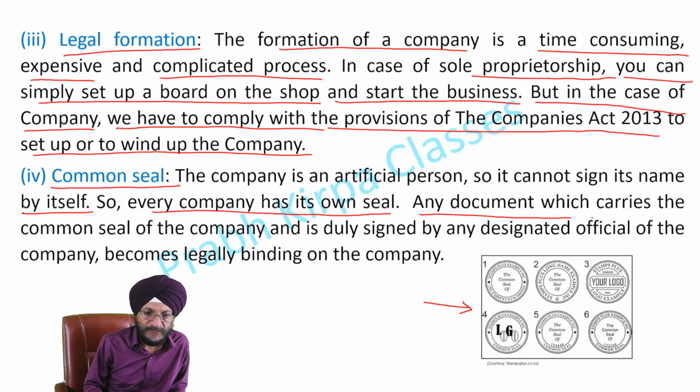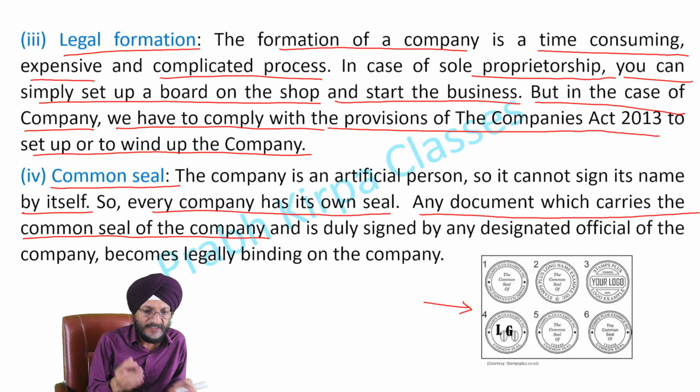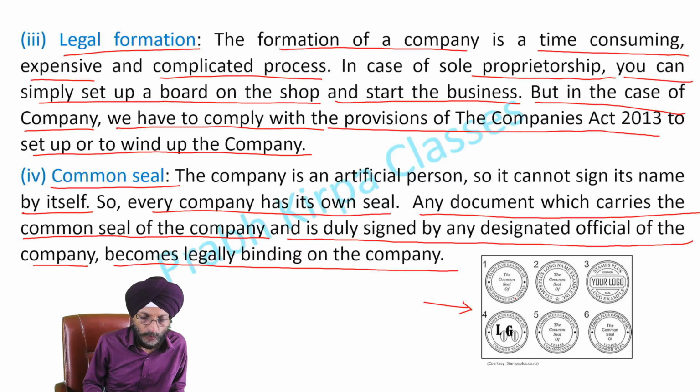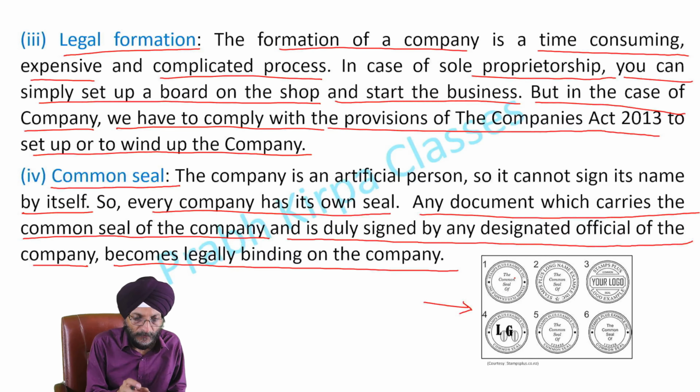Any document which carries the common seal of the company, common seal means stamp of the company, and the paper is duly signed by a designated official of the company, the said document becomes legally binding on the company. Here you can understand from the picture what is the meaning of common seal. Here mostly the name of the company is given in a circle and in between there is a logo of the company.